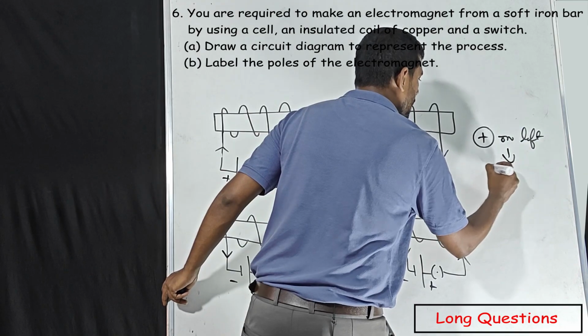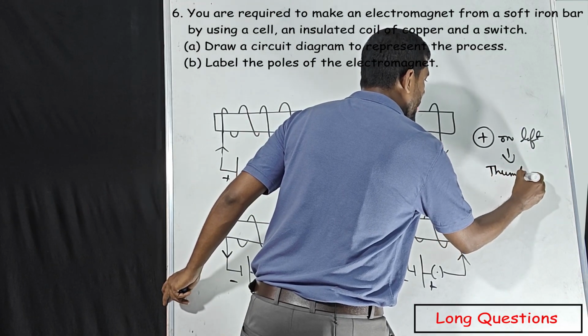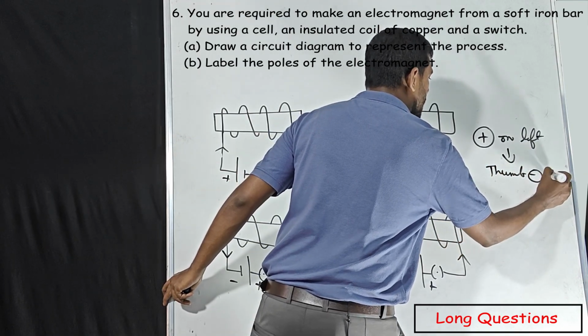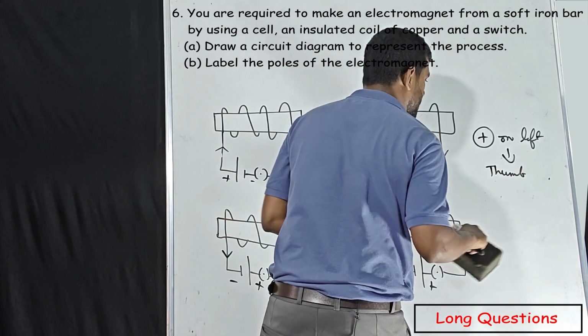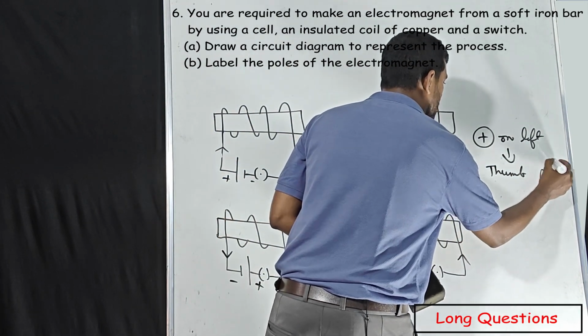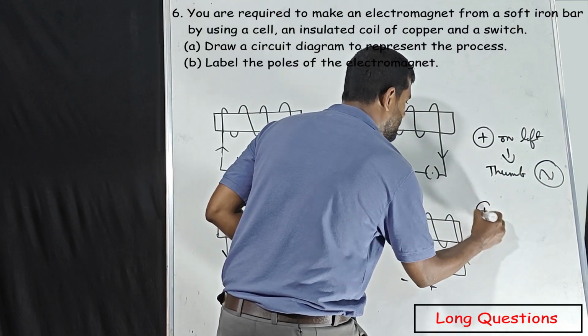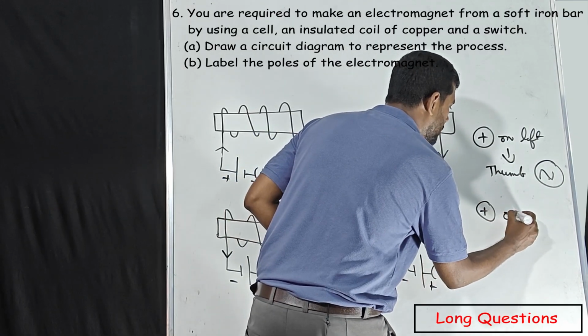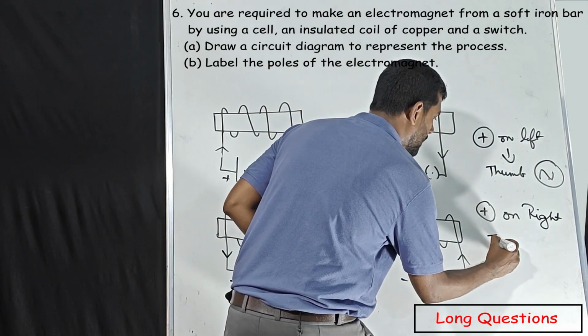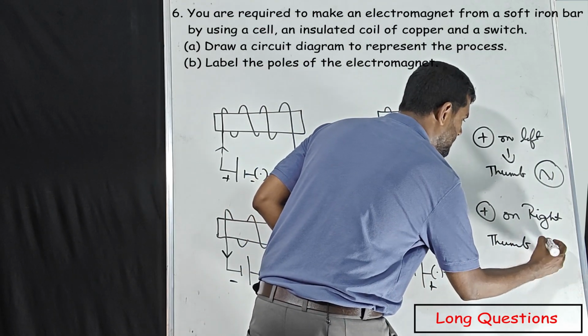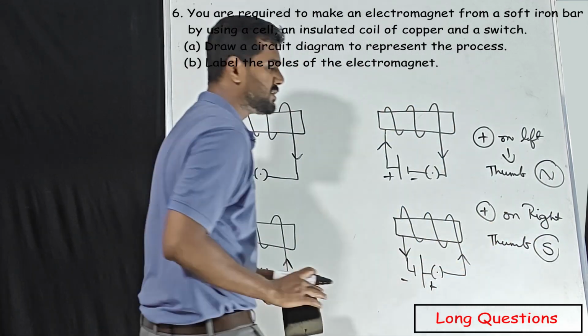If the positive terminal is on the right, the thumb represents south. This is very much important.